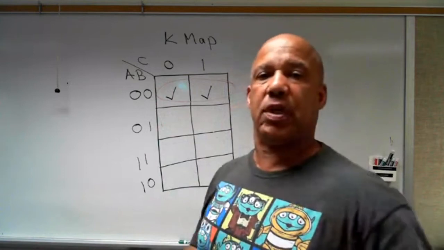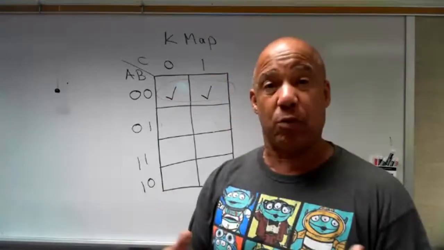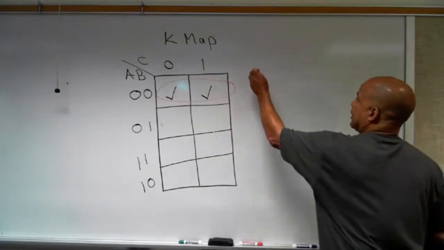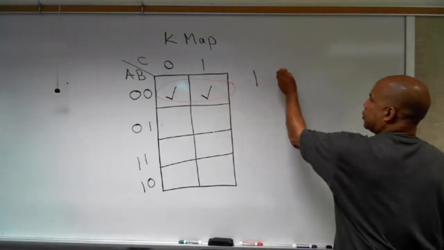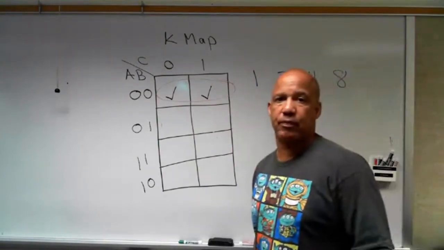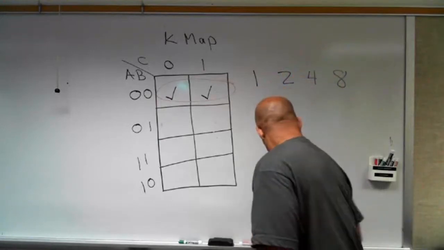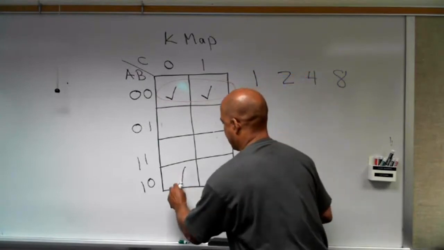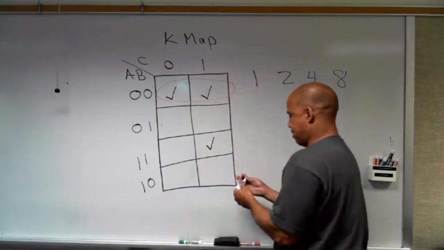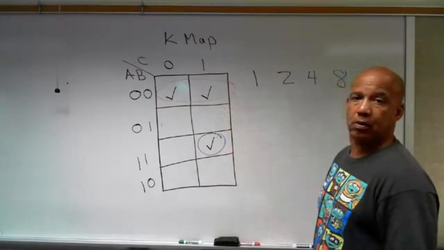Now there are rules to how you can group members together. I should say there are rules for the number of members in a group. You can have a group of 1. You can have a group of 2. You can have a group of 4. You can have a group of 8. It's got to be a power of 2. So if I put a check right there, and this right here, that's a group of 1, that's a group of 2.